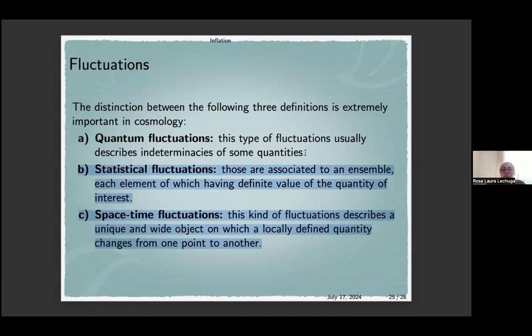But let me introduce a new kind of fluctuation that we're going to study tomorrow, the quantum fluctuation.